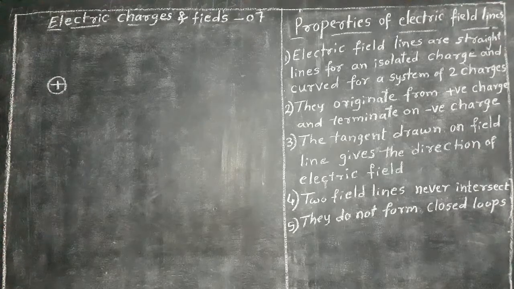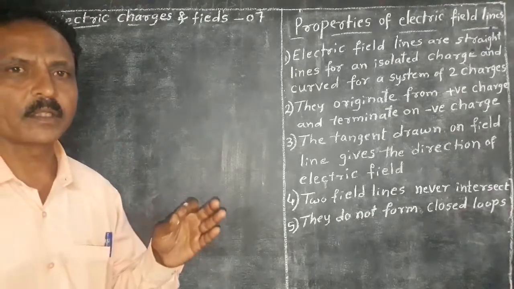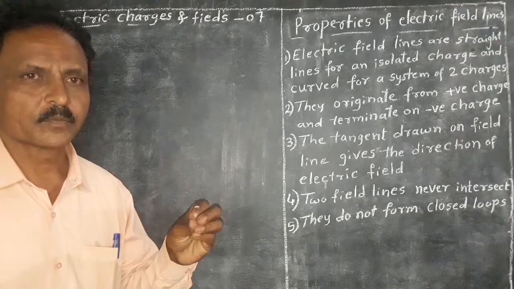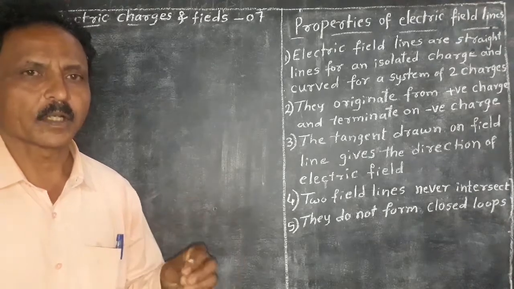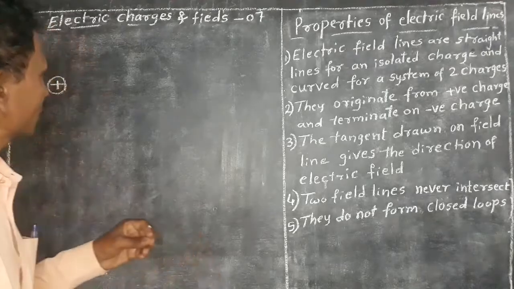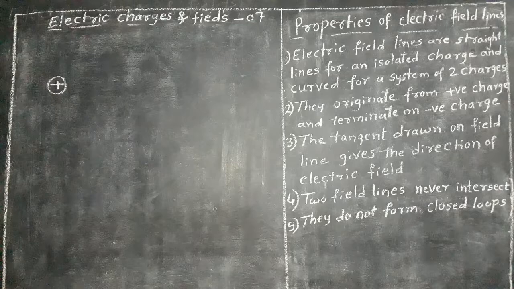And a test charge is a very small charge. It does not produce any electric field, and if it is placed in the electric field of another charge, it does not disturb it.